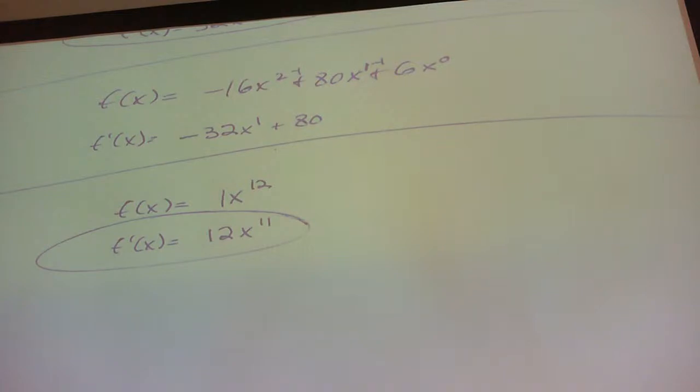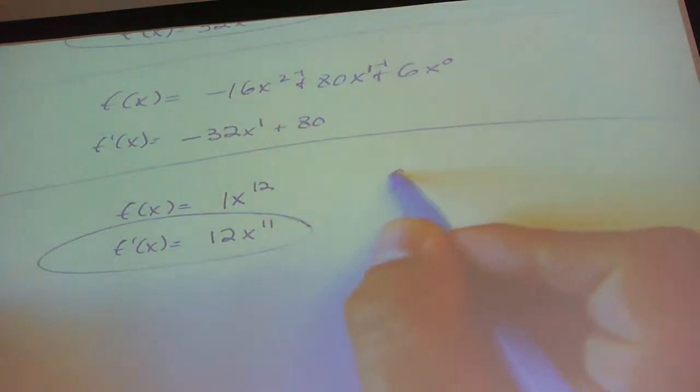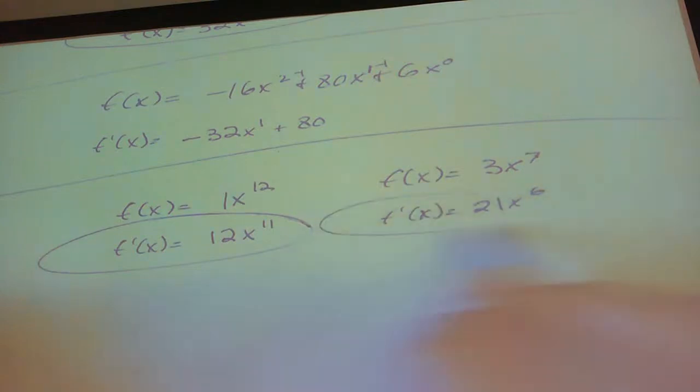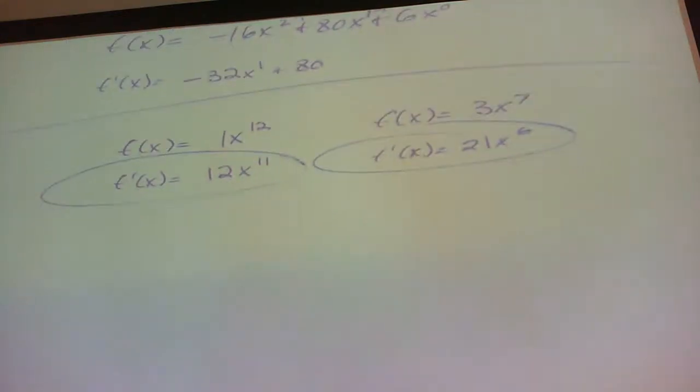Are we okay? Now, what if I said, what's the derivative of 3x to the 7? 7 times 3 is 21, subtract 1 you get 6. That's it. Don't complicate it. Don't make it harder than it is.